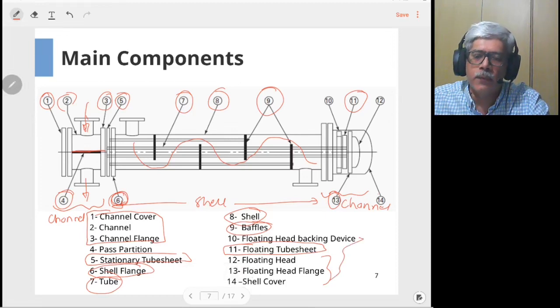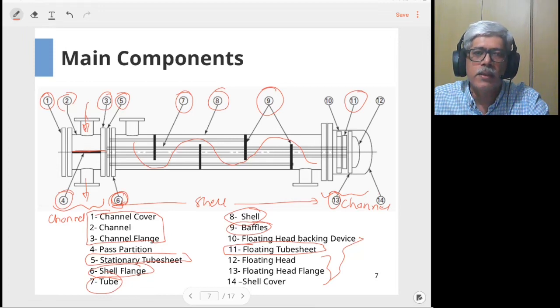Typically, the outlet channel will have a similar construction to that of the inlet channel, as shown in this particular figure. So the takeaway from this slide is that the main component which differentiates the heat exchanger from a regular pressure vessel is the tube bundle, and the tube bundle consists of tube sheets to which a number of tubes are attached.